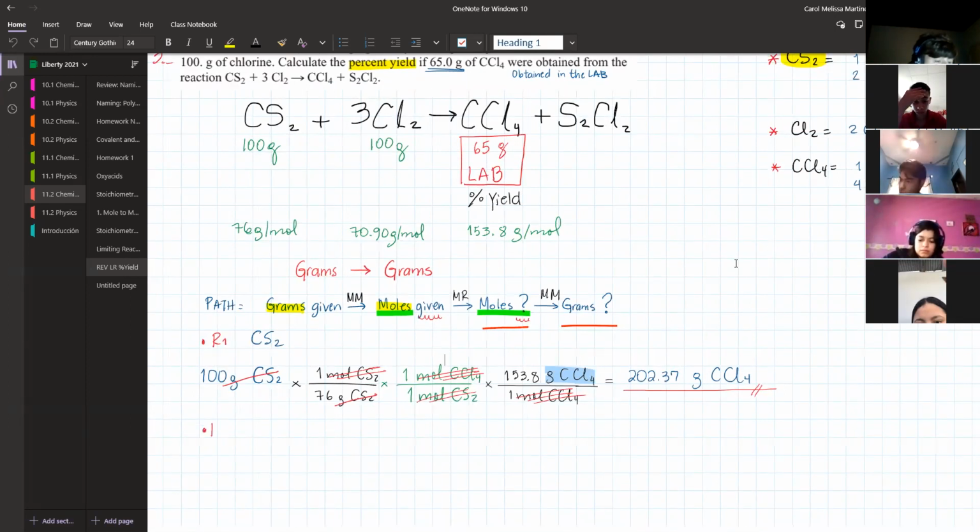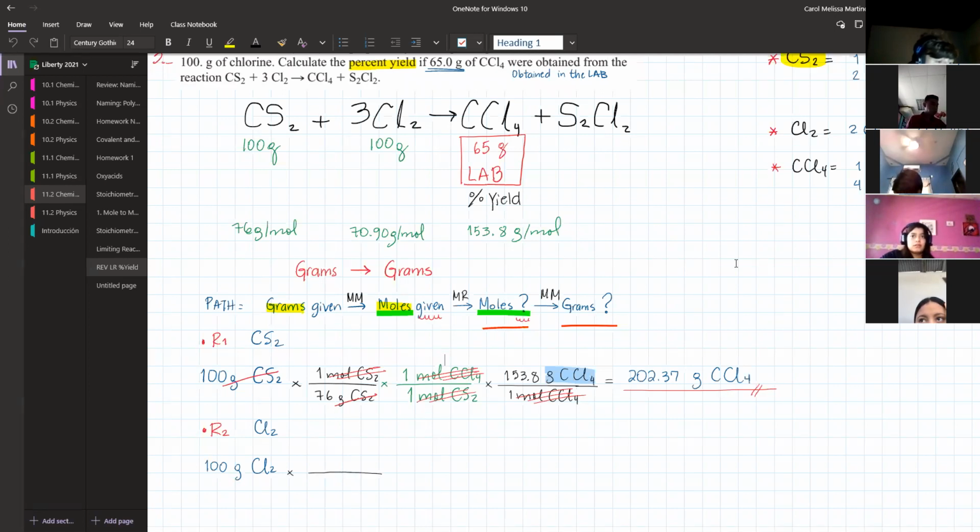So I say my second reactant, that is chlorine, and I begin with the conversion. The path is the same, from grams given to grams unknown. So I have 100 grams of chlorine, and again I follow the path. From grams given to moles given, I need the molar mass.